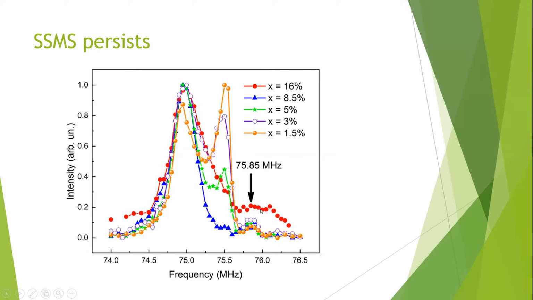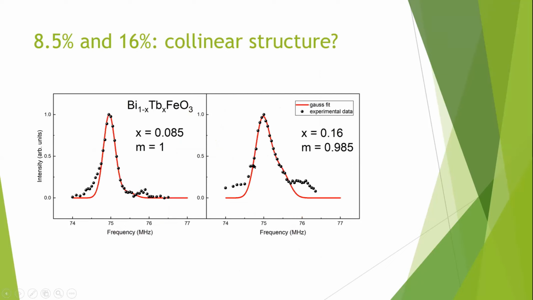And moreover, we found that there is a high field additional line. This additional line is located at 75.85 megahertz. And we have found the same lines in other series of samples. I'll tell about it a bit later.